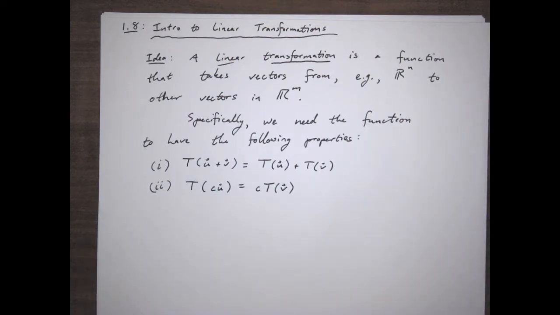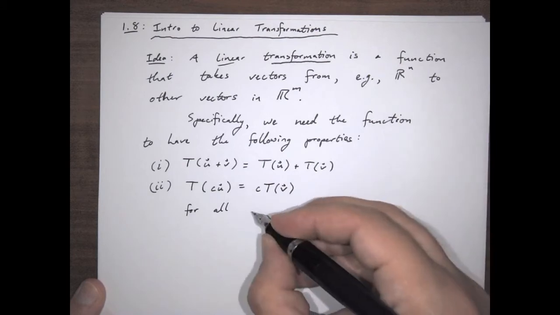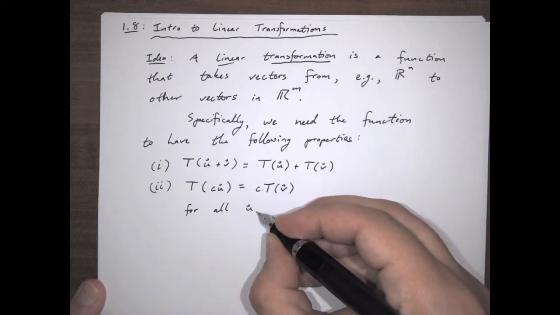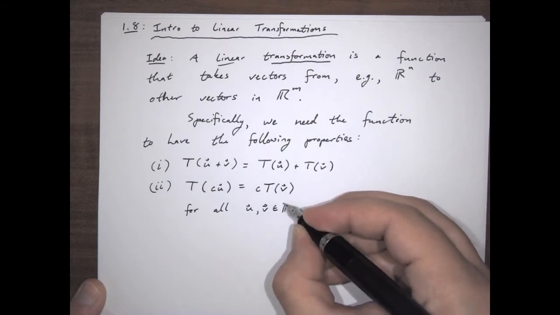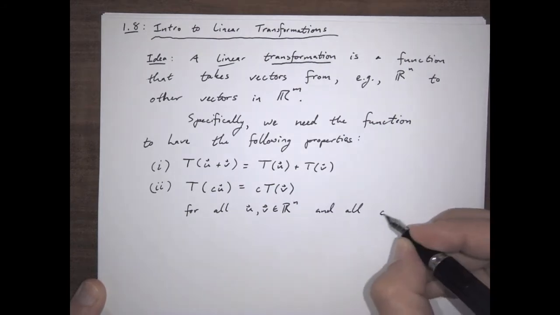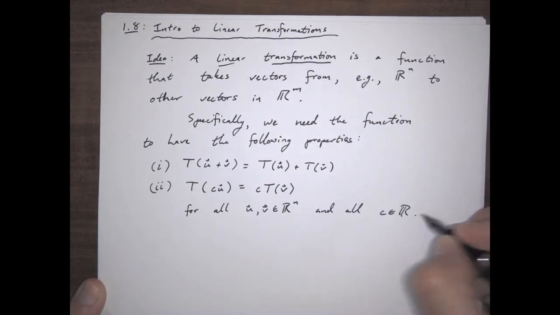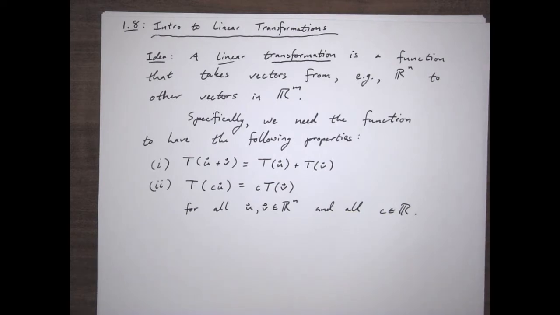This is not really crucial for us to know right now, but these have to be true for all U and V in Rn, and all C in R. So this is just part of the legal doctrine of linear transformations. It's not what we're going to focus on in this particular section.